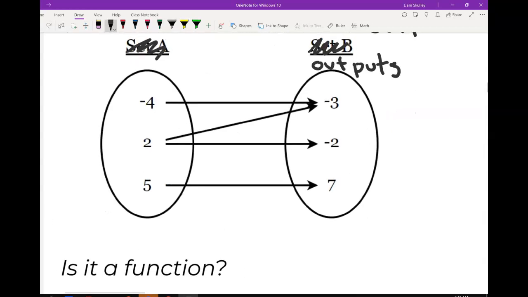Looking at our inputs, that oval on the left, when we hit -4 on our number vending machine, it's going to give us a -3. -4 goes to -3. If we hit 5 on our number vending machine, it's going to pair us with a +7.